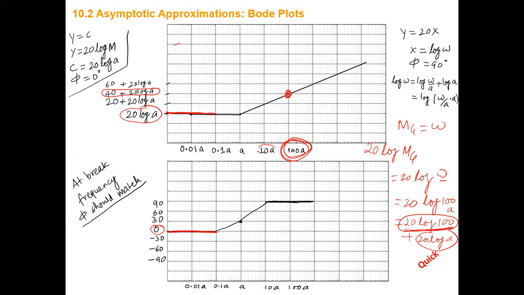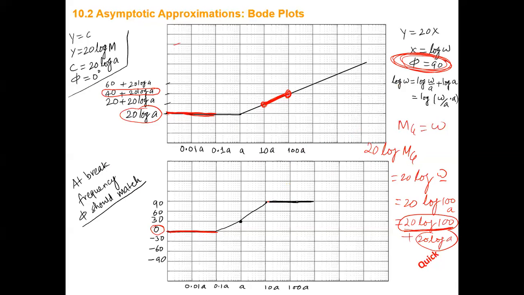Similarly, you can do 10A. You can get this point. So this is the higher part. This is the lower part. We found this much, but we haven't found this yet. Similarly here, for the higher frequency, what is the angle?